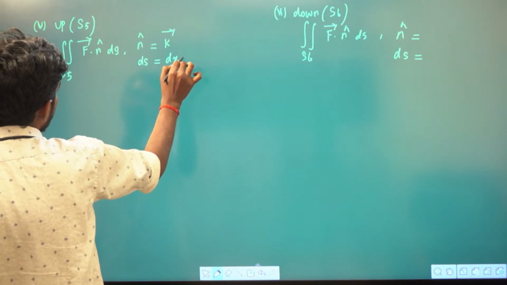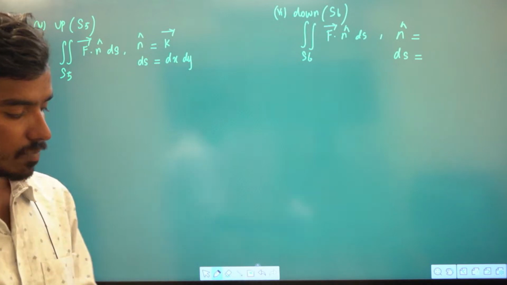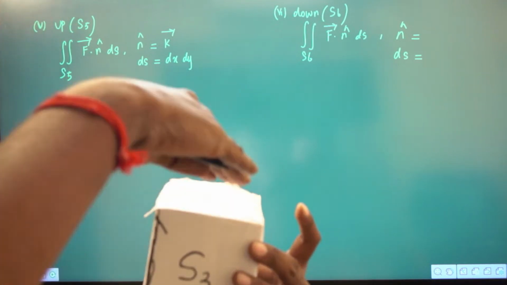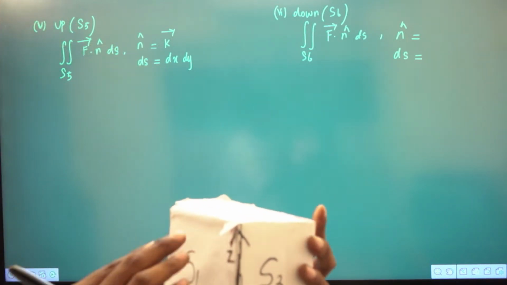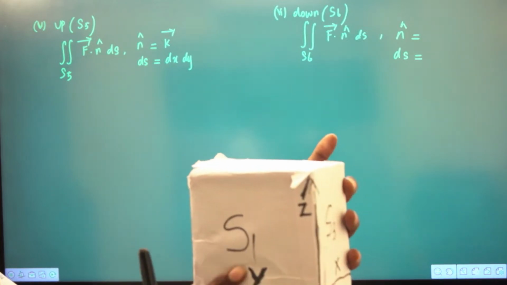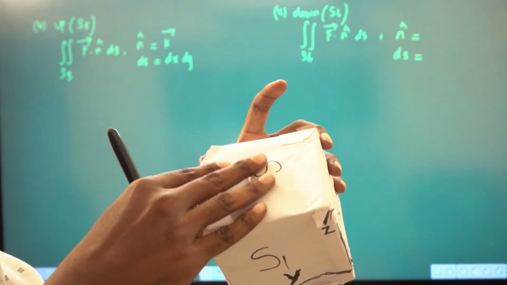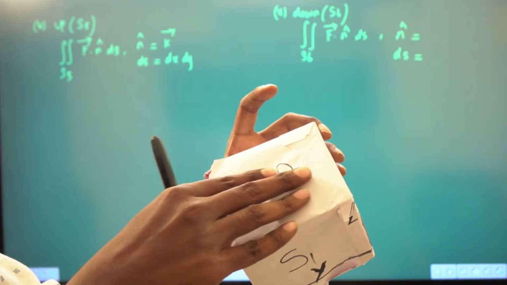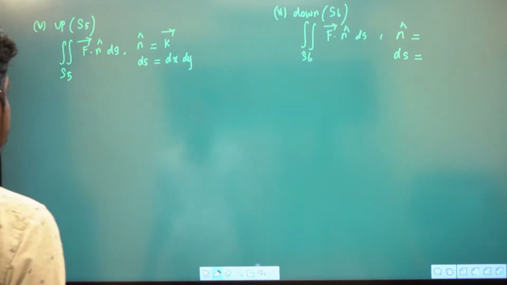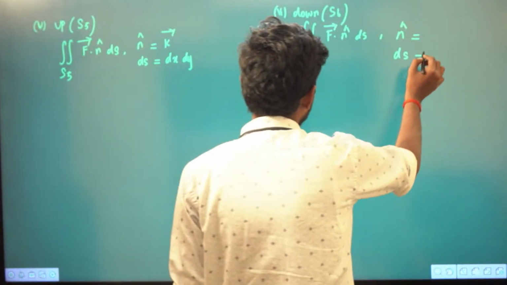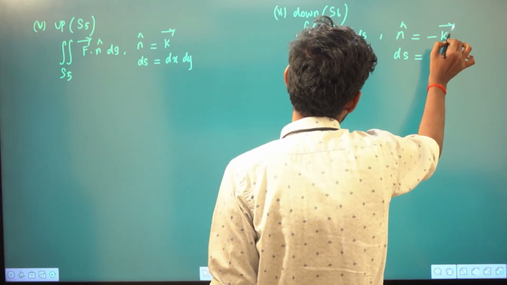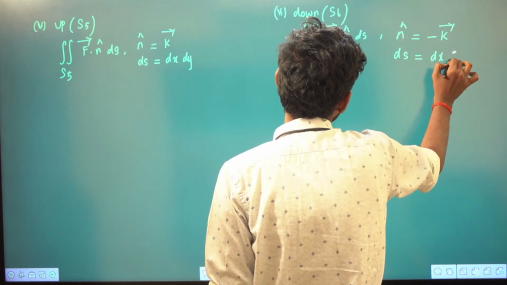And it will vary over dx and dy only, because we are in S5. So we are varying over x and y here, so it will be dx dy. And similarly here also n cap will be minus k vector, and it will be dx dy.